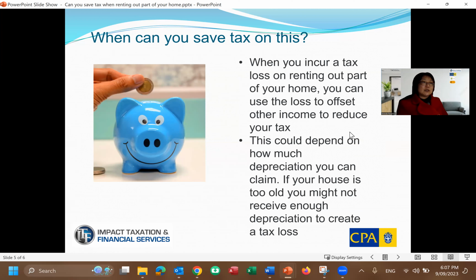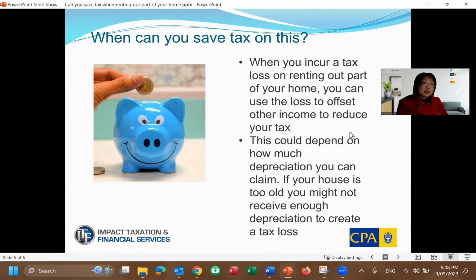Of course, if you did make some major additions, or major redecoration, or a major change to a part of the house, that's going to be different. But generally speaking, if it's too old and you didn't do any changes to it, then there won't be much depreciation to be claimed.